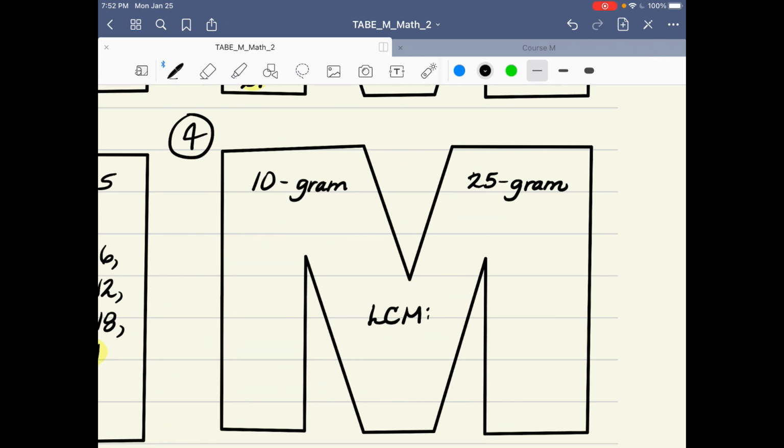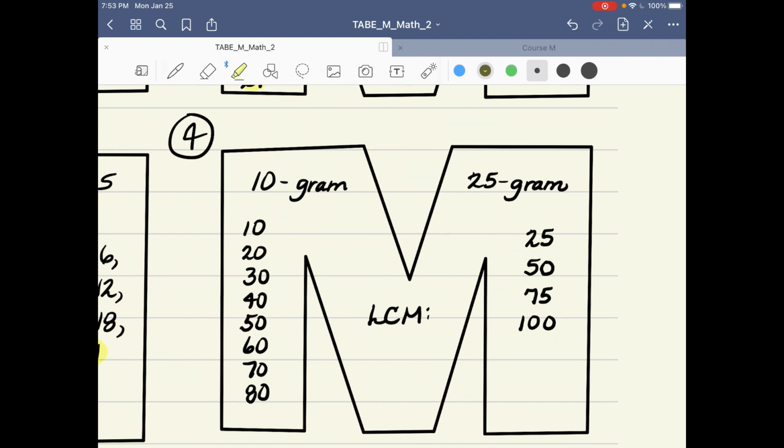So starting with 25, I have 25 times 1, 25 times 2, and I can stop right there because that 50 ends in a 0. You could keep going if you wanted. That's up to you, but I would stop. 10, 20, 30, 40, 50, 60, 70.